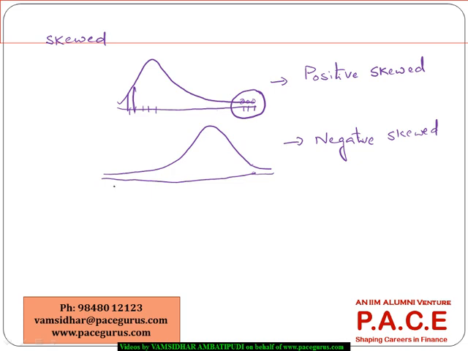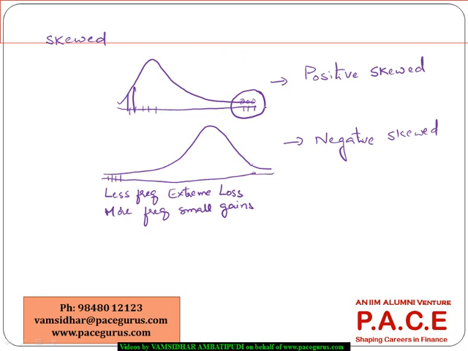Whereas here I am seeing less frequent extreme losses, because the left side is like a loss, and probably more frequent small gains. So this is called a negatively skewed distribution.